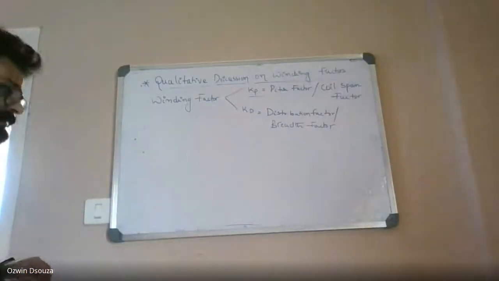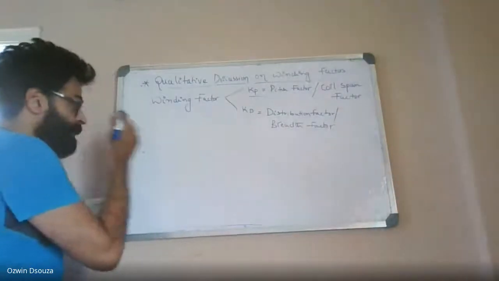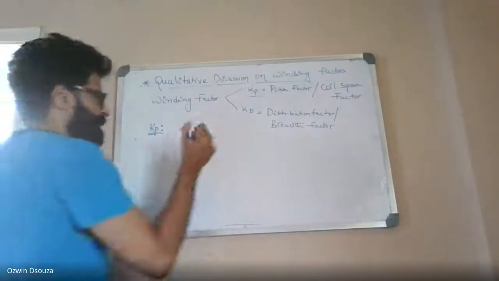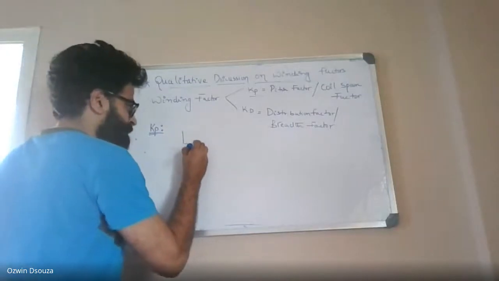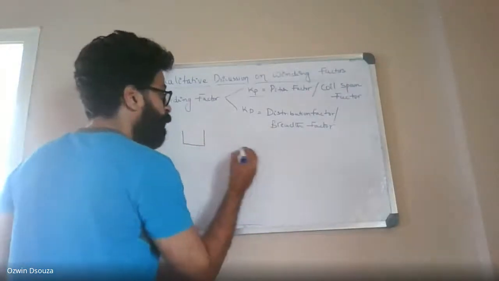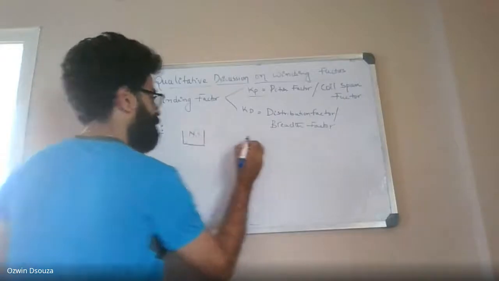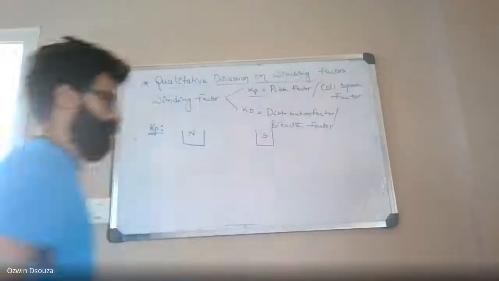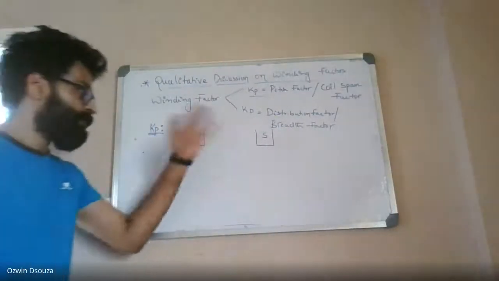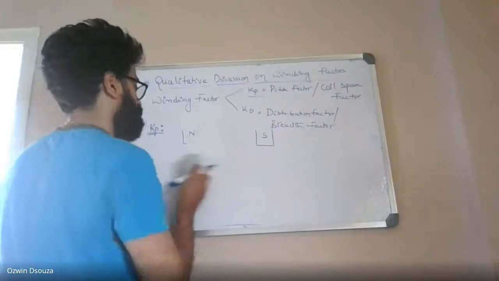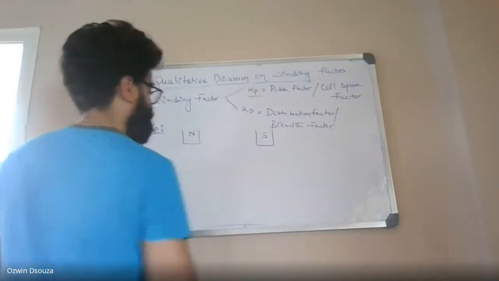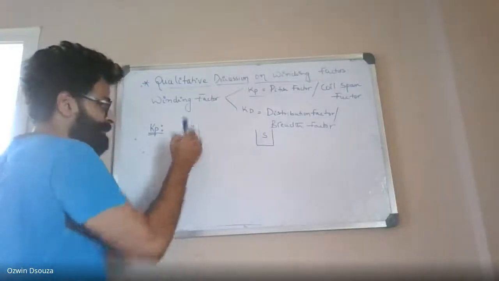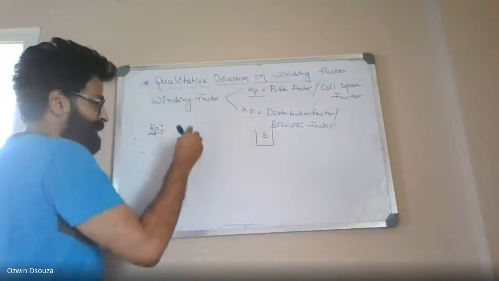To understand Kp, that is the pitch factor, first let us consider two pole pieces, one north pole and one south pole. Next, draw an imaginary line from the center of each pole.